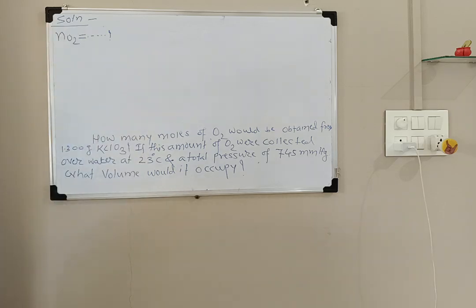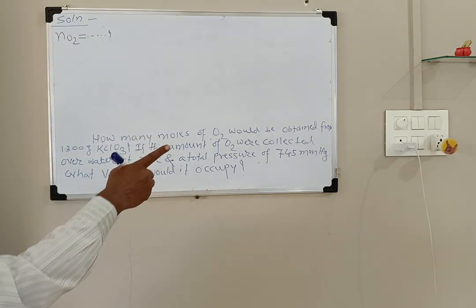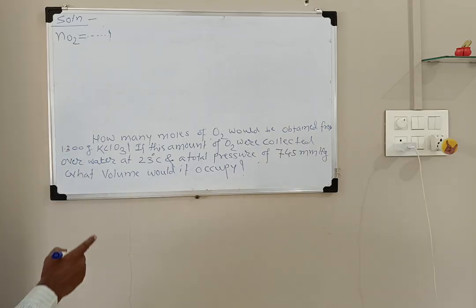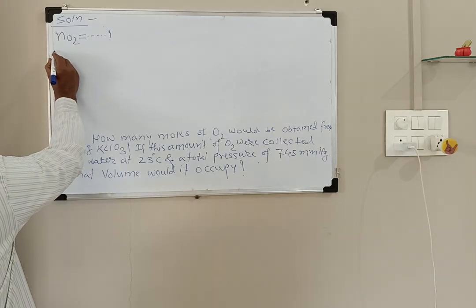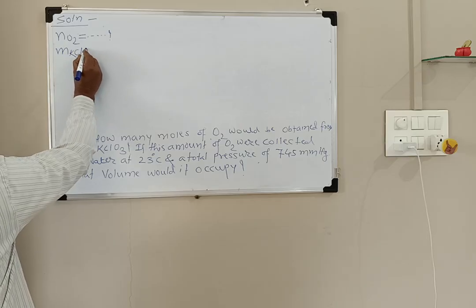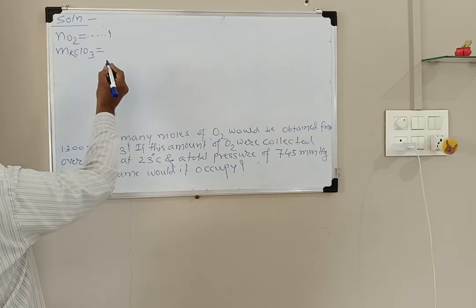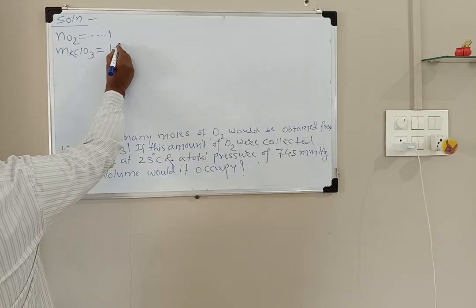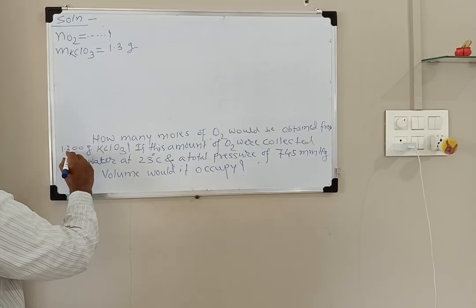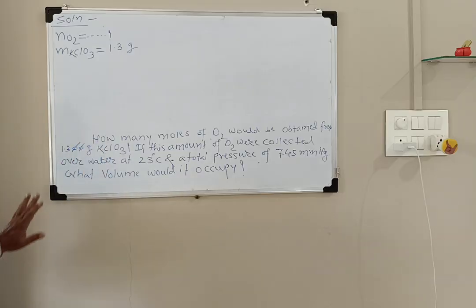This is what we have to find out, from 1.300 gram potassium chlorate. So I write mass of KClO3 is equal to 1.3 gram. For simplicity, I avoid these two zeros: 1.3 gram.